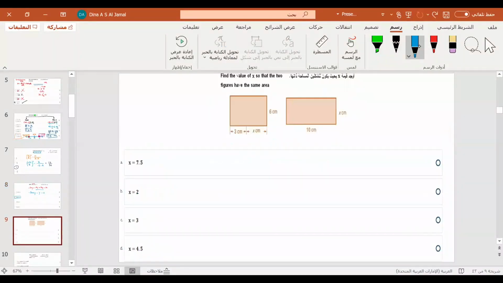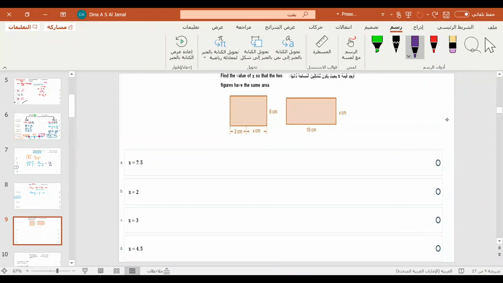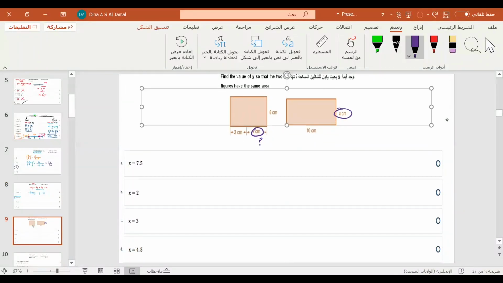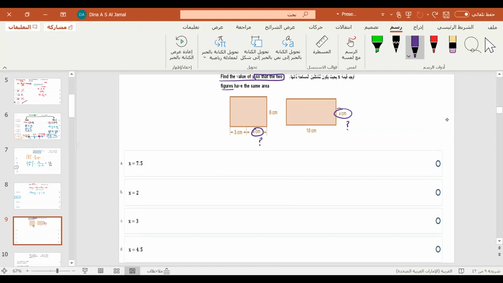Good. Now let's go to the other question. He's asking you to find the value of x. Here it is unknown, and here it is unknown. Find the value of x so that two figures will be having the same area.